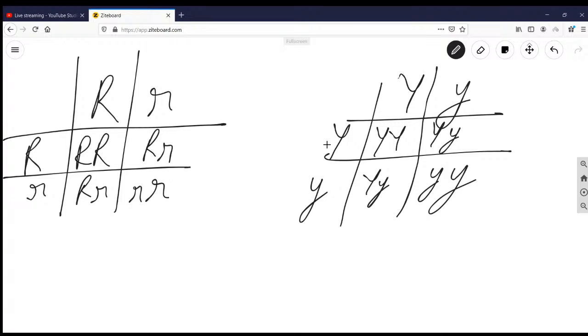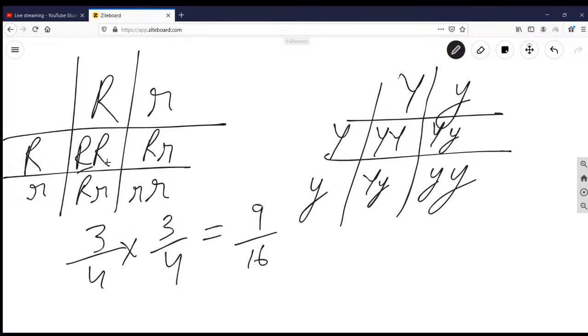If I show it for round and yellow, okay. So round is how many? 3 are round, okay. And here 3 are yellow, okay. So 3 by 4 into 3 by 4, how much are you getting? 9 by 16. 9 by 16 are round and yellow because this and this are round, this and this are yellow. Okay, now let's consider round and green.